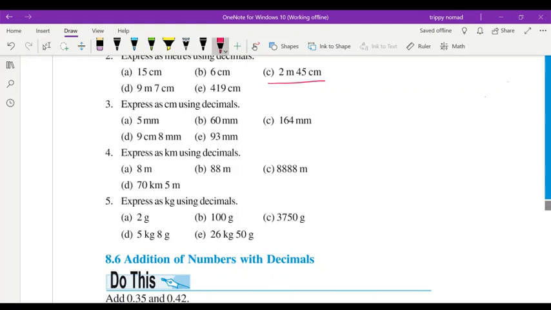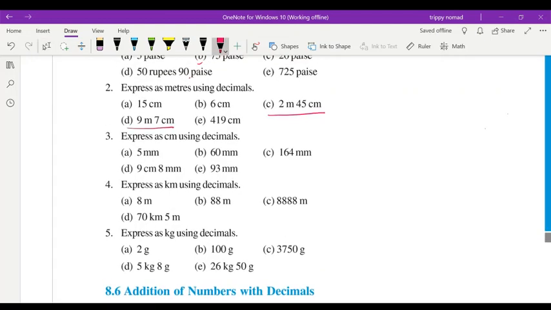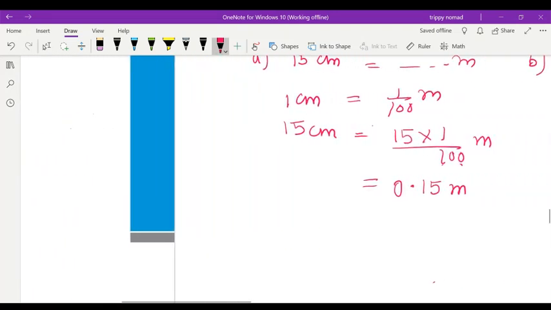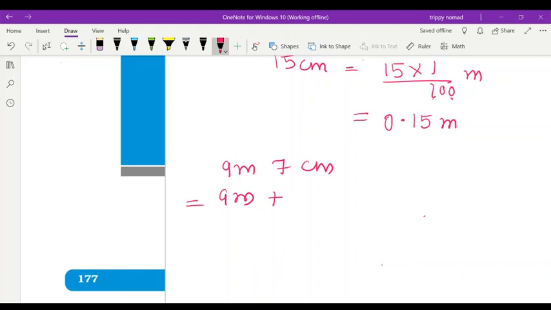And here, same way, 9 meter 7 centimeter. You will first convert: 9 meter is already given, plus 7 centimeter, which is 7 upon 100 meter.